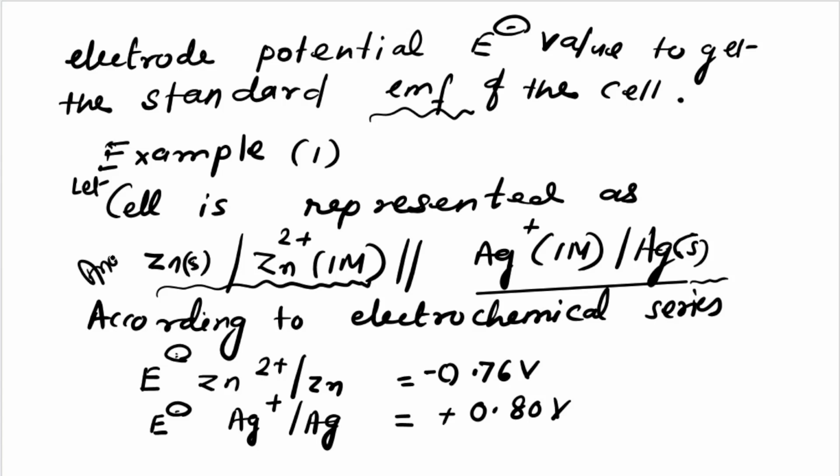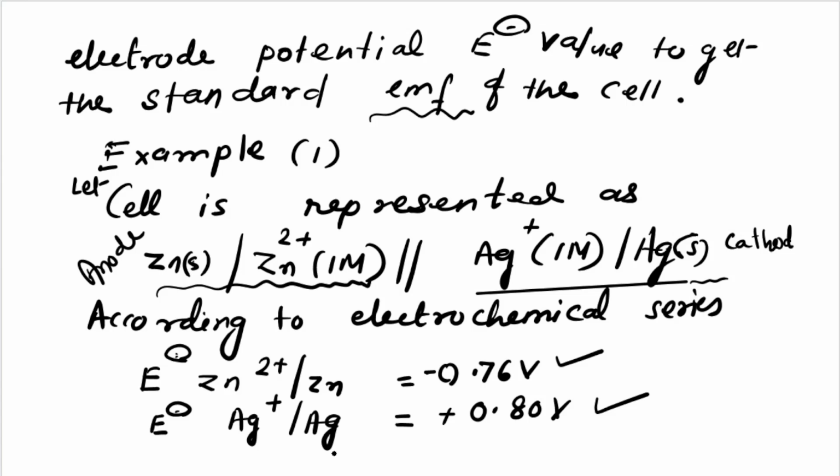This is anode, which has less value, and this is cathode, which has higher value, and cathode minus anode gives the EMF value, and EMF always should be positive. If it is negative, then it is not representing any cell, not possible, not feasible. So the standard values of zinc electrode and silver electrode are given respectively.